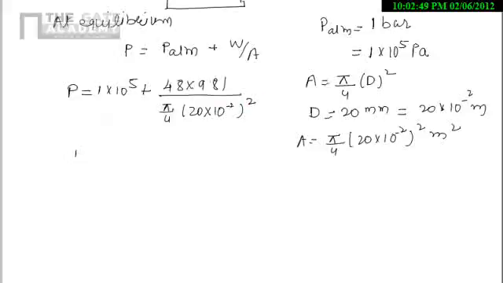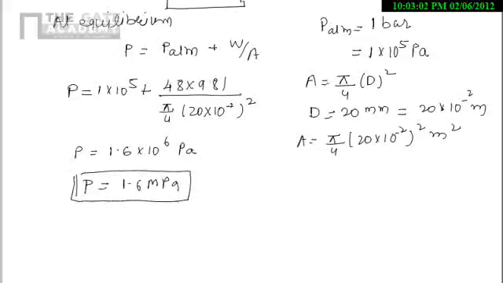So if you calculate this, it will come 1.6 into 10 to the power 6 Pascal. So we can say that 1.6 megapascal. So by applying the equilibrium state condition, we can easily find out the pressure inside the cylinder.